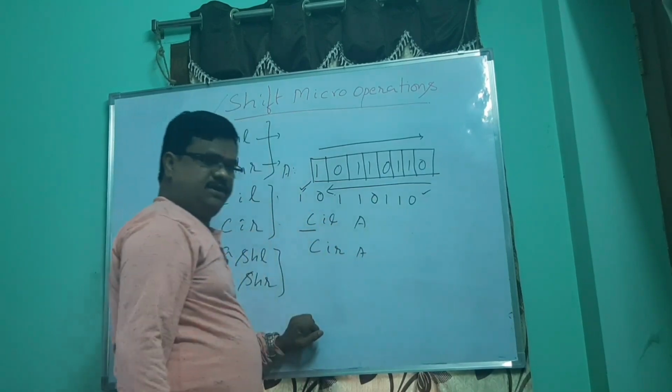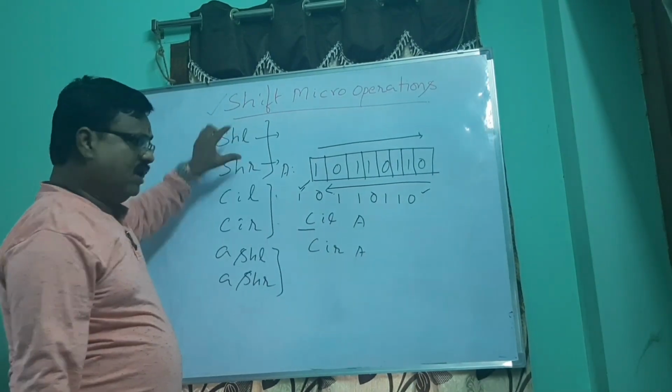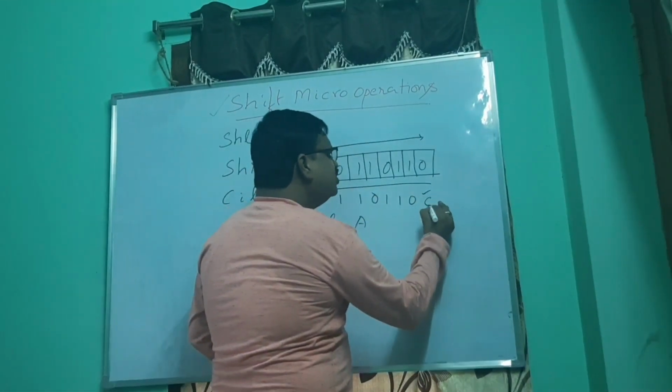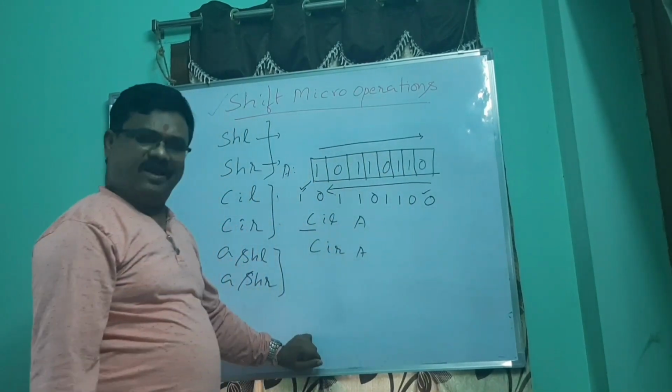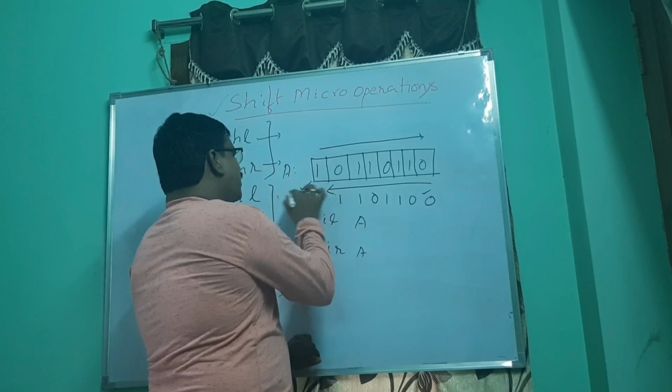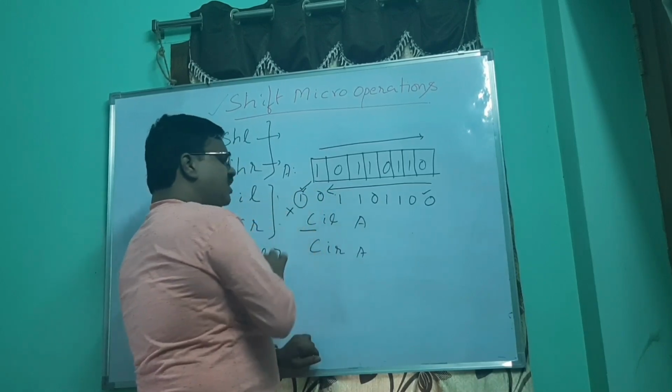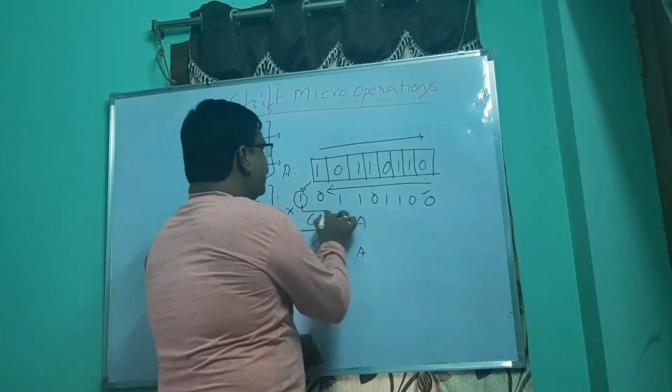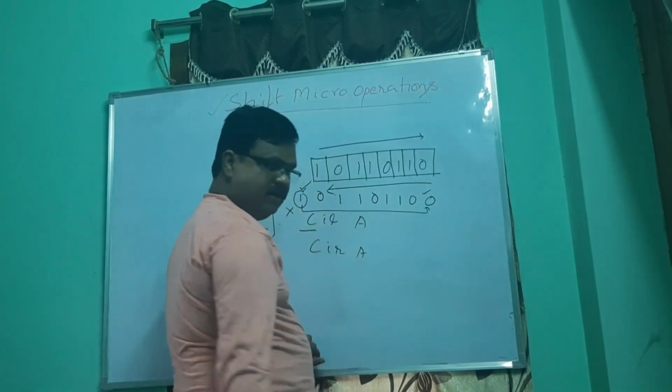In this position, in the previous examples, a new 0 was placed, but in these circular commands, whatever number is supposed to be discarded will be transferred here.